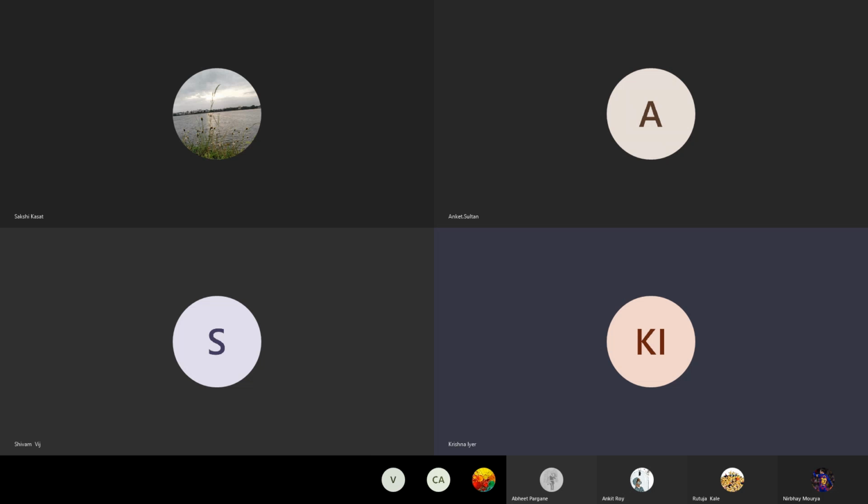Screen sharing. Just a second. Why does it say no PowerPoint available? Just a second.